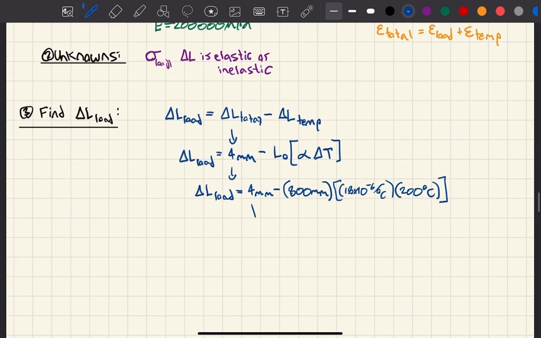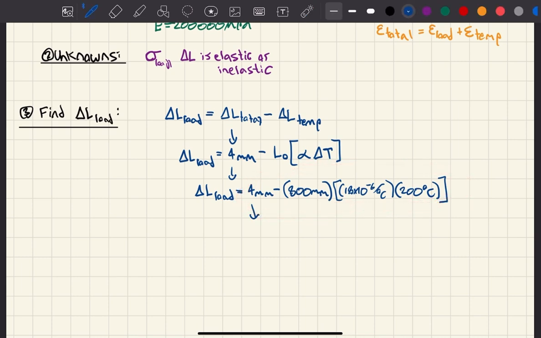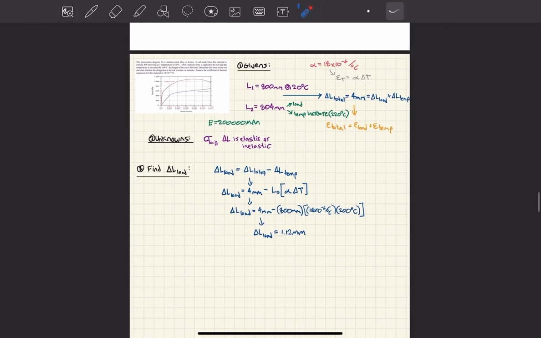If you evaluate this expression, you're going to end up getting that the change in length due to the load is equal to 1.12 millimeters. So of this total 4 millimeters of deformation, 1.12 millimeters is directly due to the load.